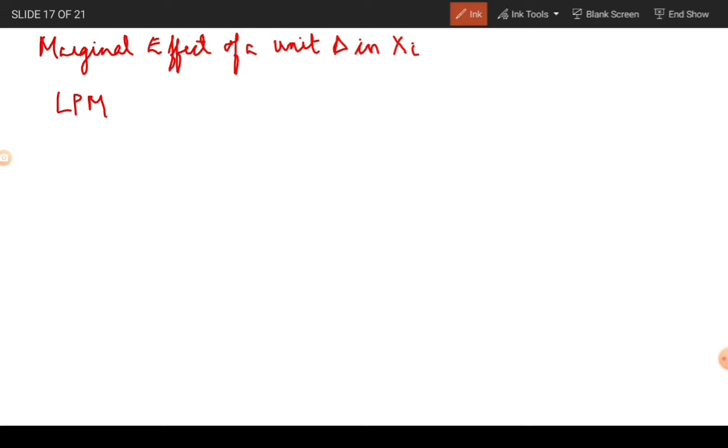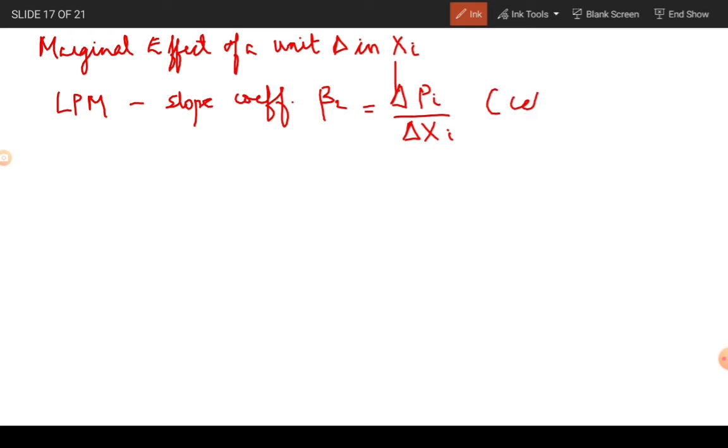So in the LPM or the linear probability model, the slope coefficient, that is beta 2 in a 2 variable model, or if it's xi, maybe beta i, this coefficient of this regressor directly measures the change in probability of an event occurring, or of y being equal to 1, due to a unit change in the value of the regressor, all other things remaining constant.